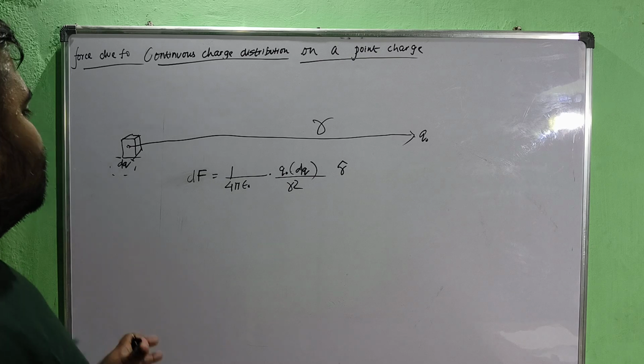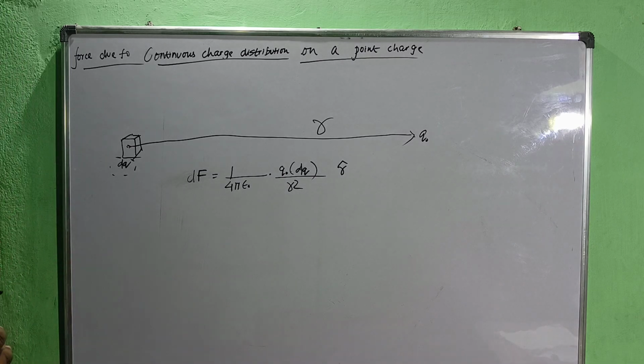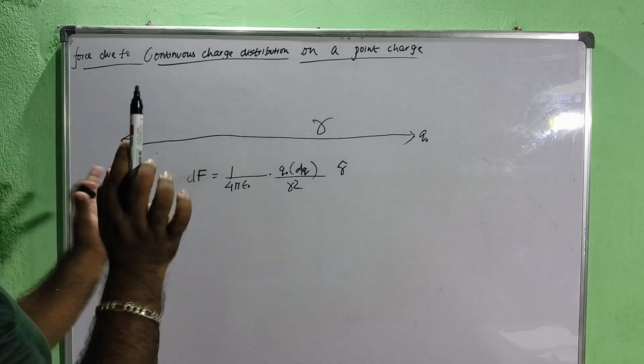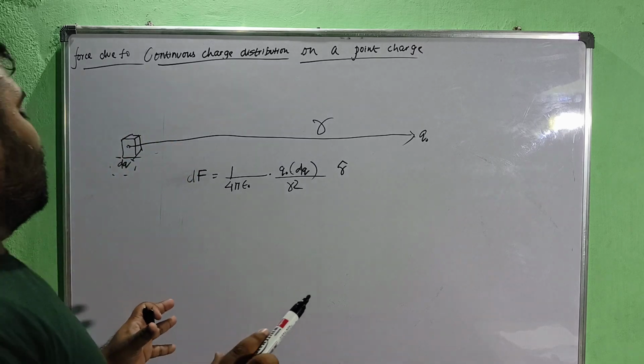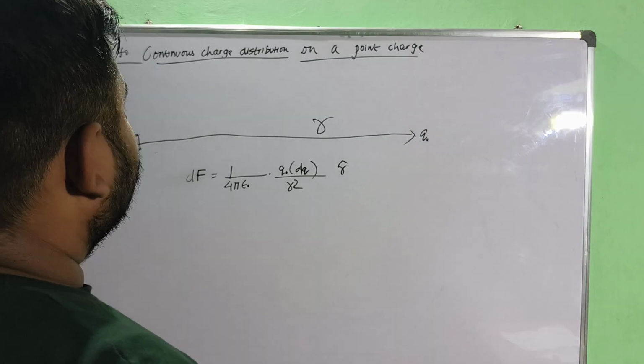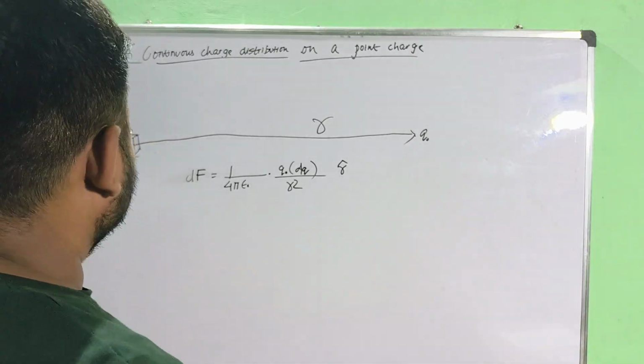So this was all about a small charge exerting a force on Q naught. We need to find the whole force due to the whole charge. Since a differential is involved, we need to use integration.